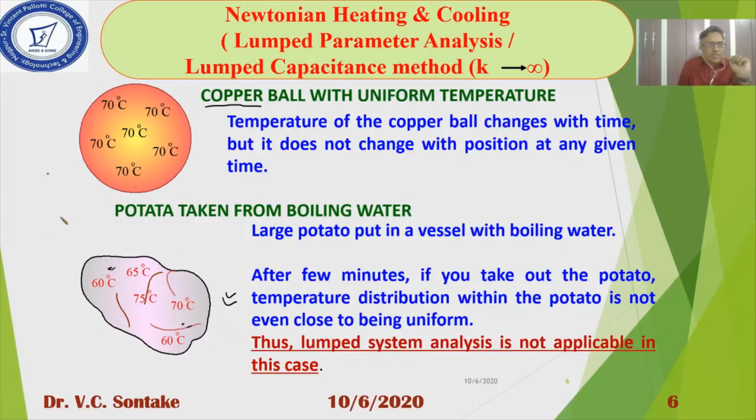Okay, what does it mean? Let's say at 9 a.m. the temperature of this body is 70 degrees Celsius. I want to know what will be its temperature at 12 p.m. It is definitely going to vary because it is in a transient state. So that we can find out with the help of lumped parameter analysis.